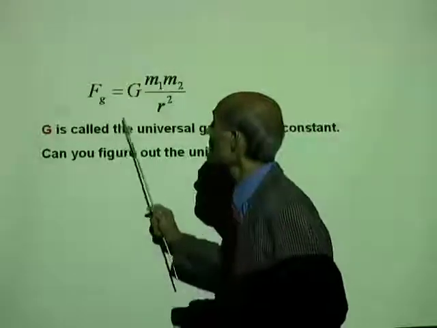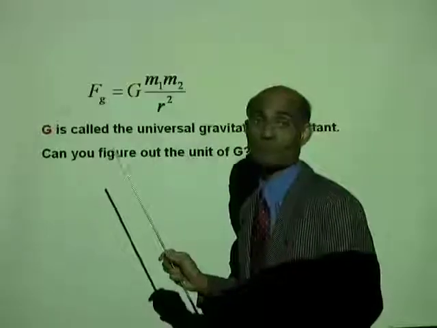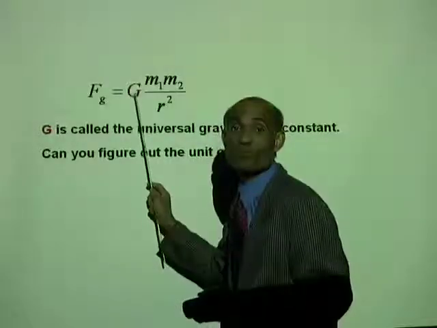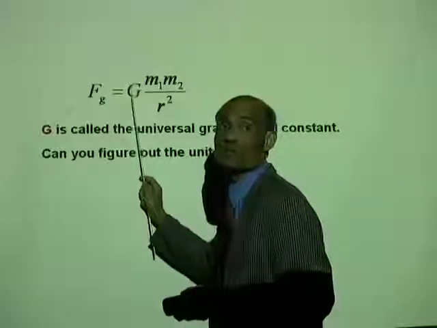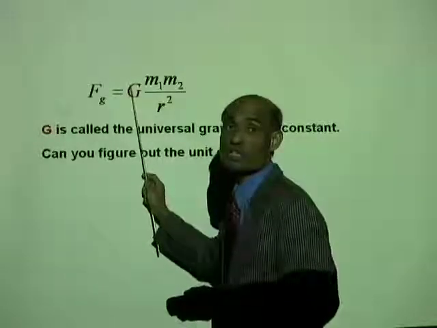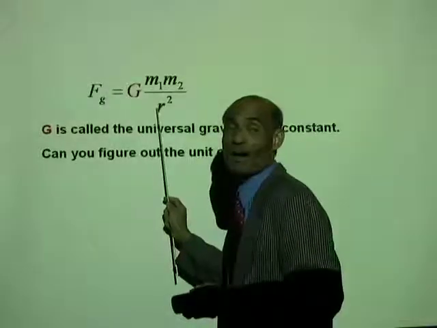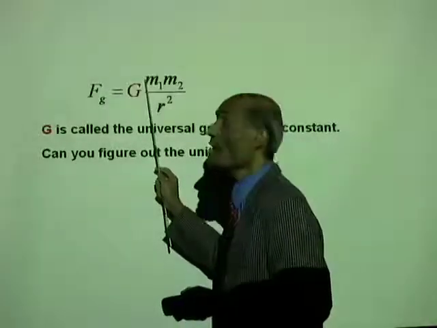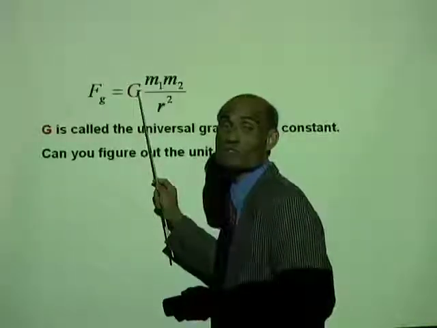Now, can you tell me what is the unit for measuring G? To figure out the unit, all you need to do is solve for G. Look at this, I'm going to solve for G. G equals F multiplied by r squared divided by m1 times m2. And so what will be the unit of G?